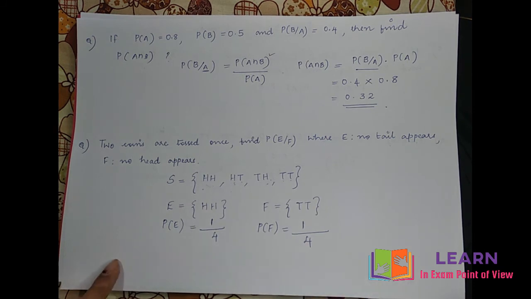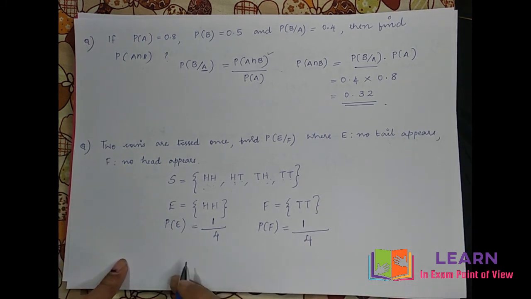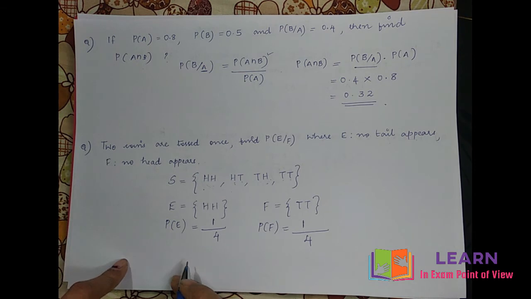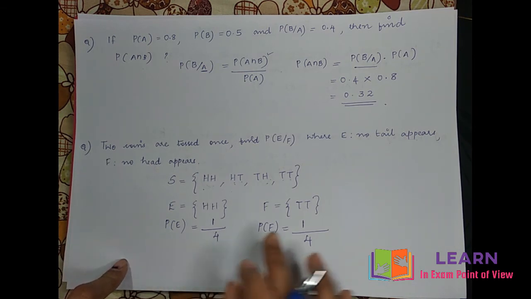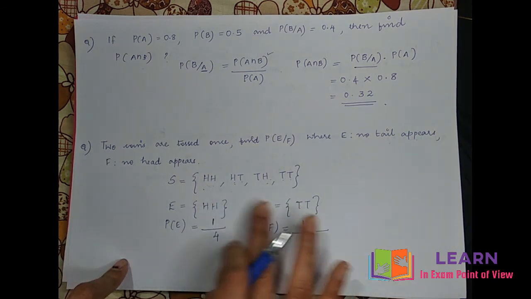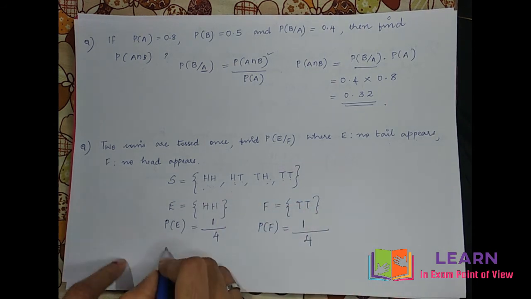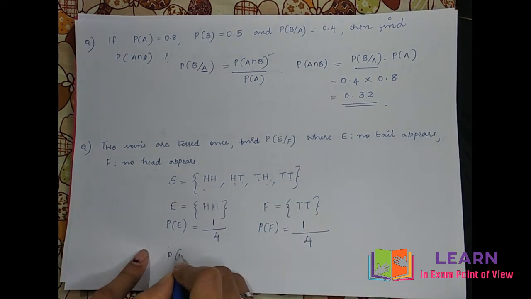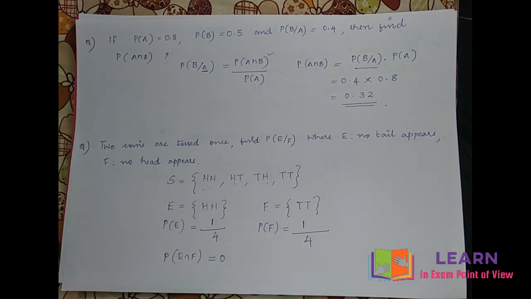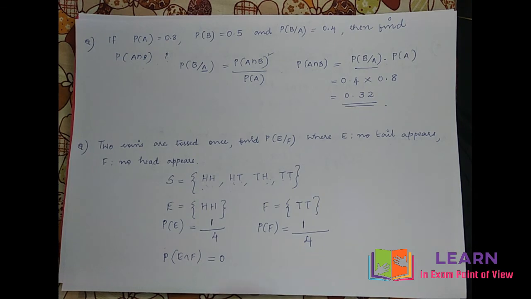Fine. So now what is the intersection here? If we take the intersection, is anything common in these two sets? No. So you can write probability of E intersection F is equal to 0. There is nothing common, so take it as 0.